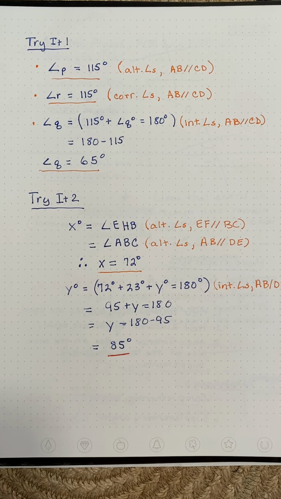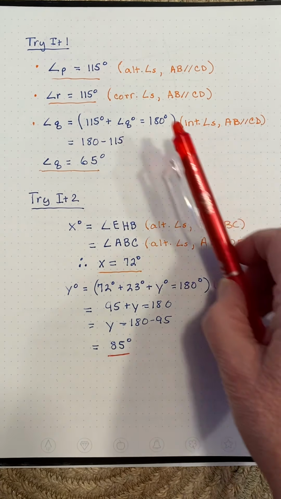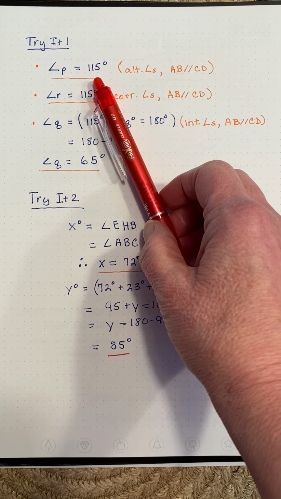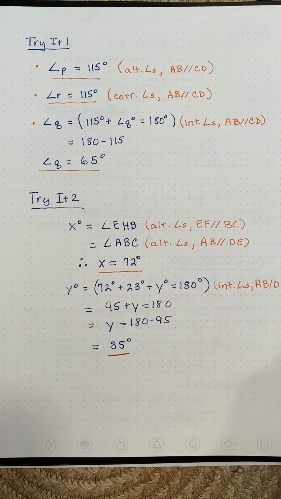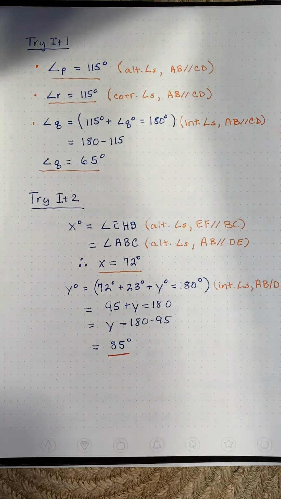And you see those two little arrows that indicate that. And then they want us to find the measures of angles P, Q, and R. So looking at that figure, we would know that angle P equals 115 degrees because of the alternate interior angles measurement.